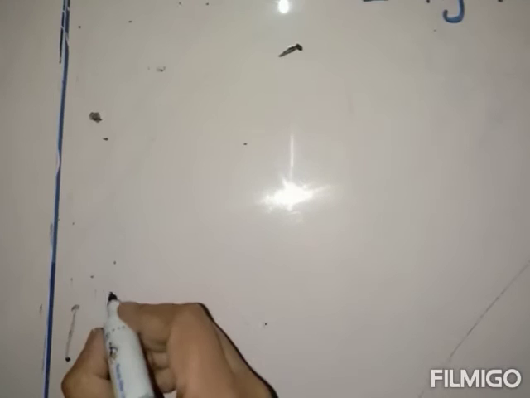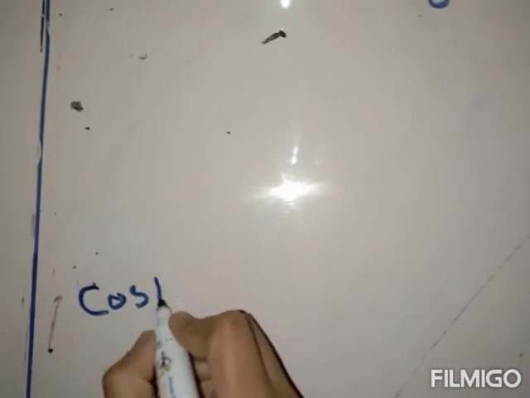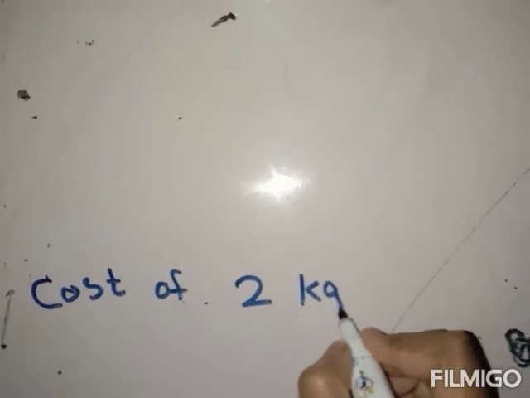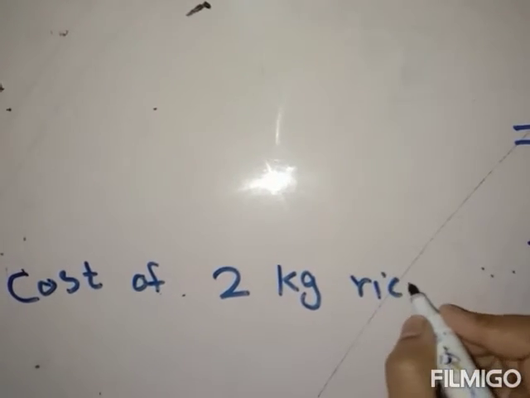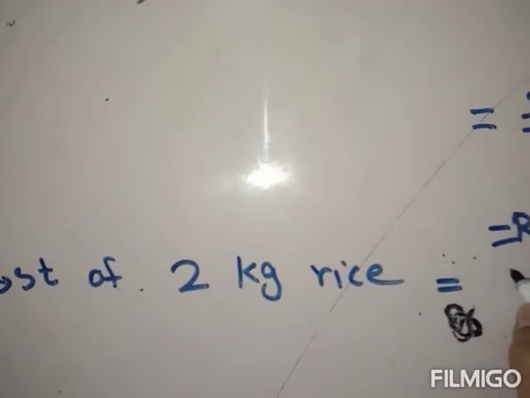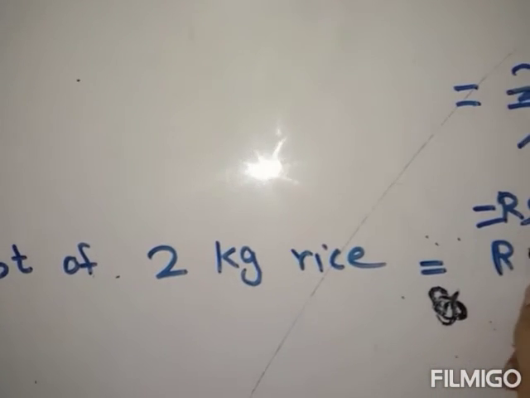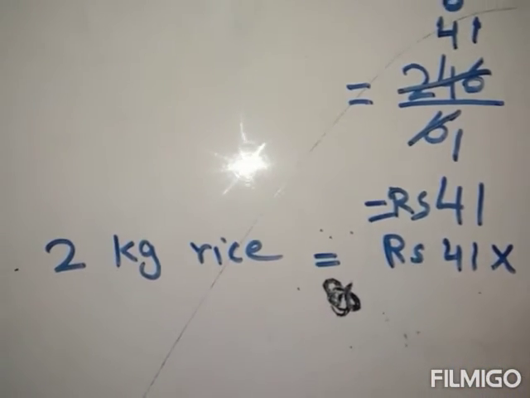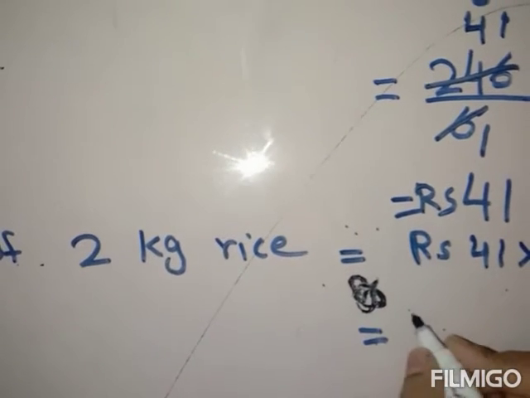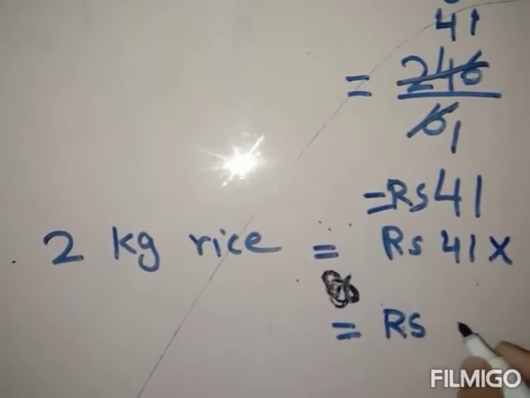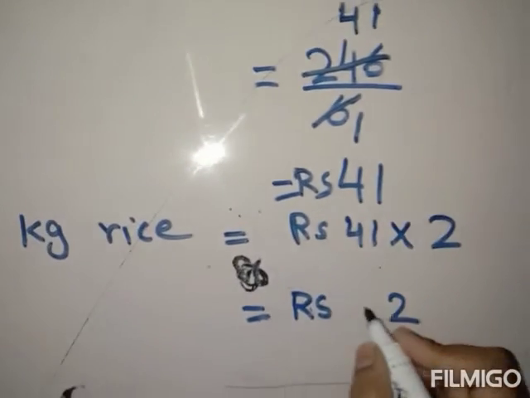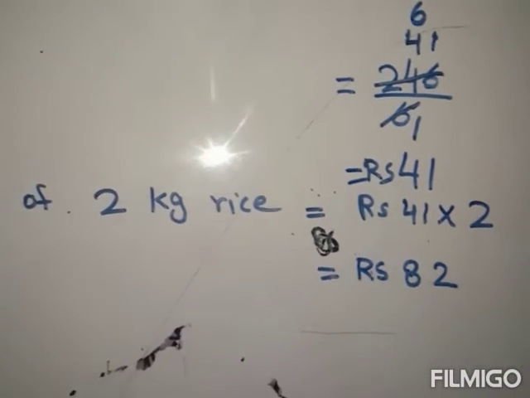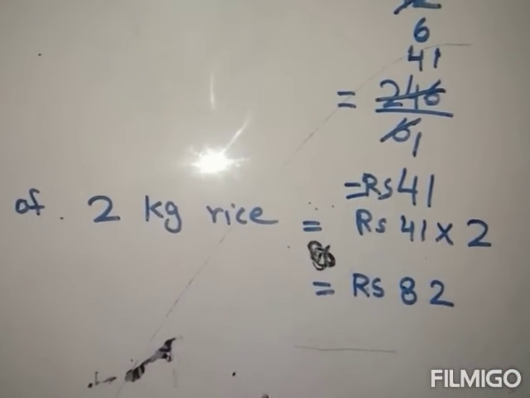So we will write cost of 2 kg rice is equal to rupees 41 multiplied by 2. So we have rupees, 2 ones are 2, 2 fours are 8. So rupees 82 is the price of 2 kg rice.